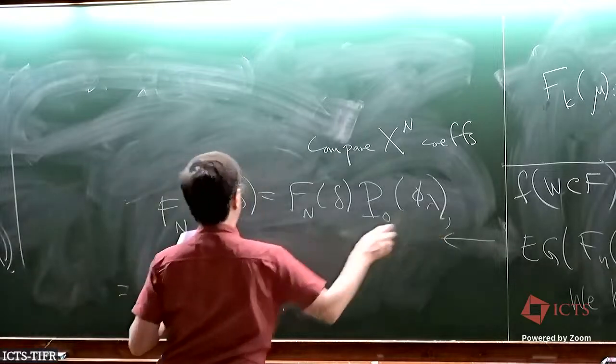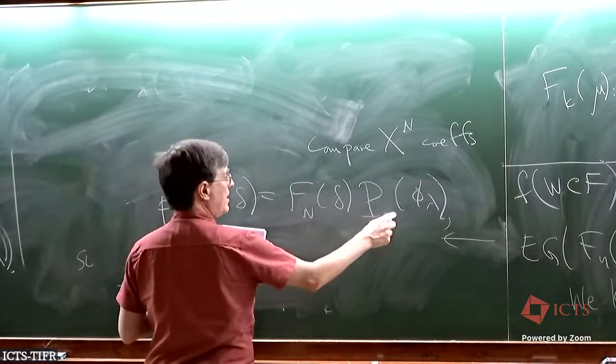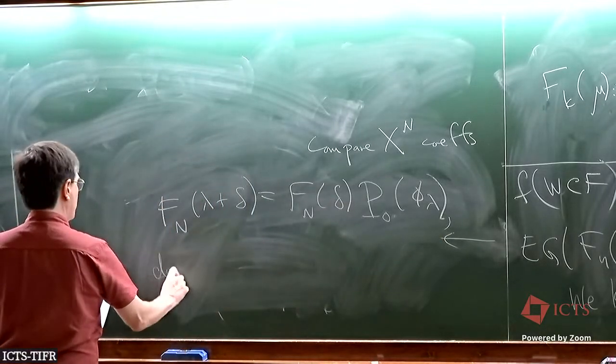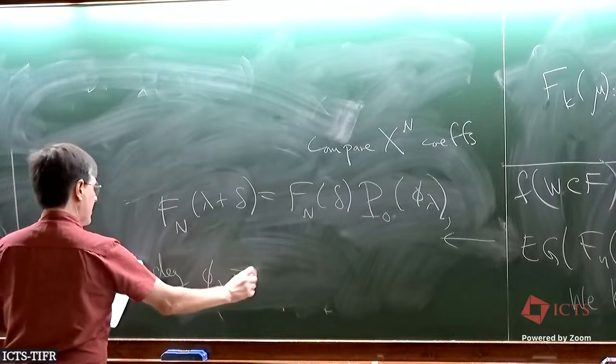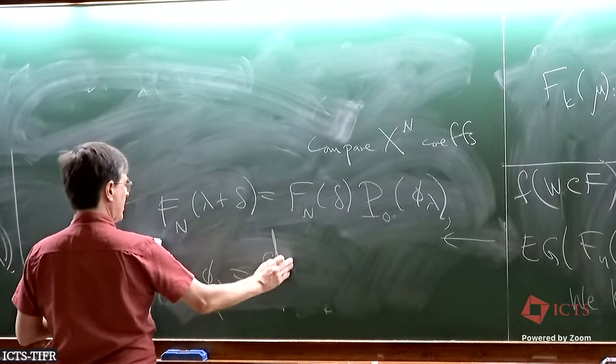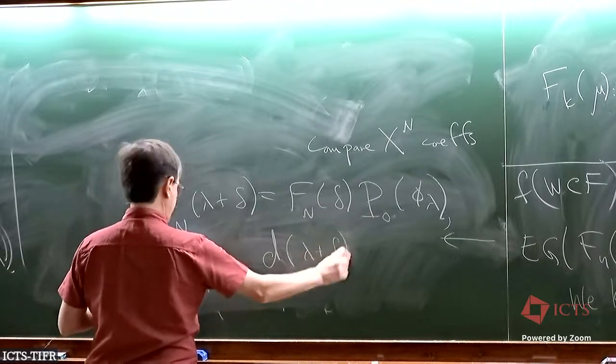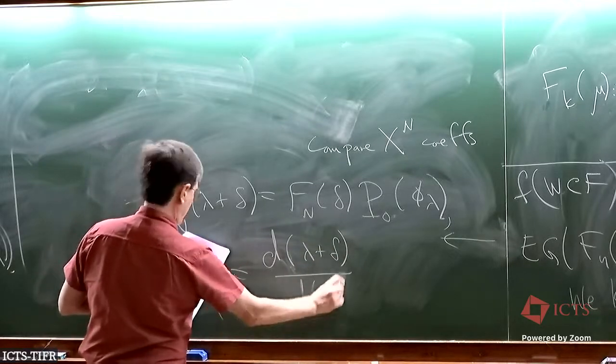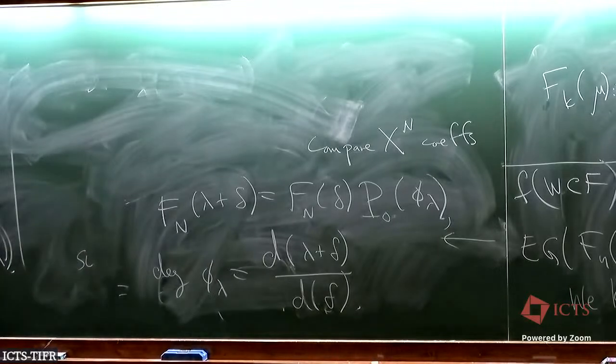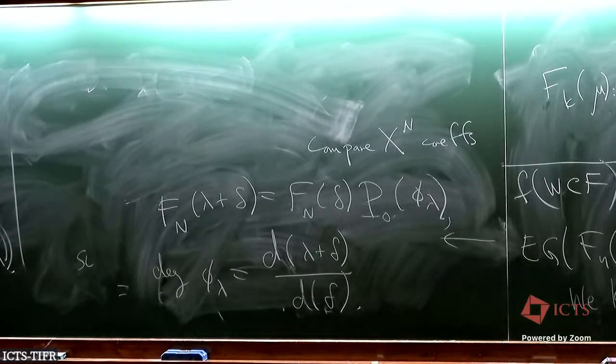Now this thing here is the degree. So degree of phi lambda is d of lambda plus delta over d of delta. Okay, there's a few things that cancel here. Yeah, okay, so this is a kind of generalization or a stronger use of the Weyl character formula.